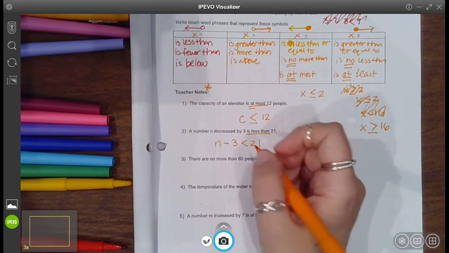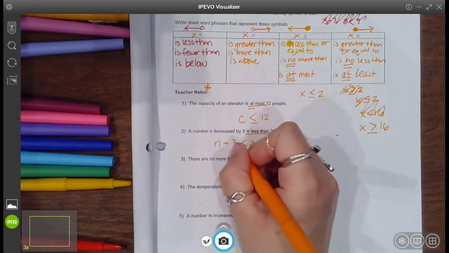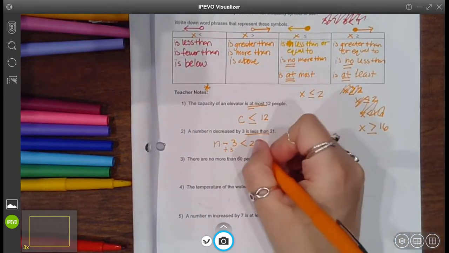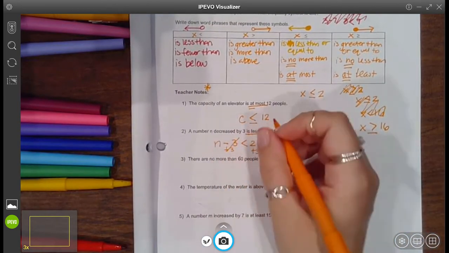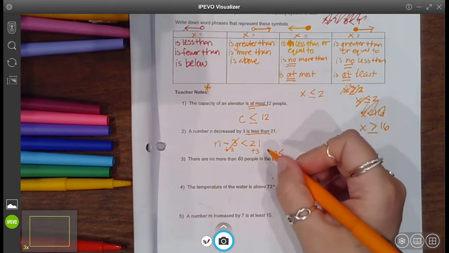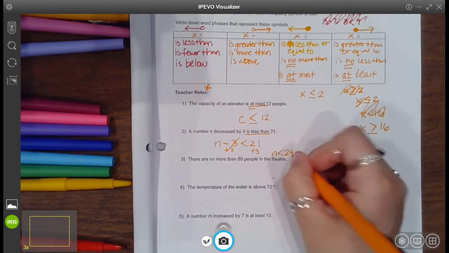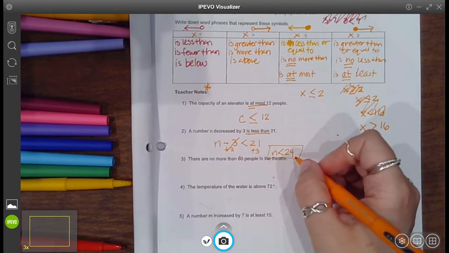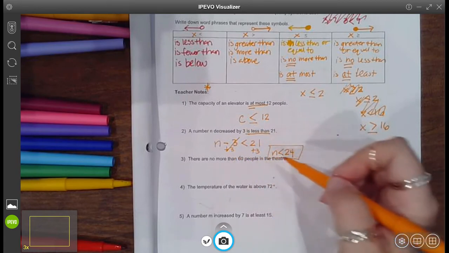What would you do? To get n by itself, I would do the inverse of subtracting 3, which is to add 3, and then do the same thing to the other side. And now you have the variable by itself, bring down your inequality, and 21 plus 3 is 24. So it's n is less than 24. That would be the solution. If they asked you to just write the equation, that's what it would be.